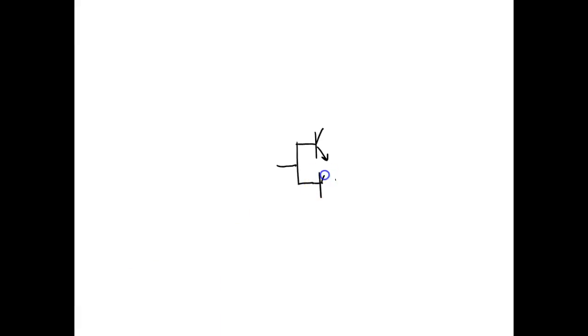On the bottom one, I'm going to use a PNP. I'm going to connect the emitters together. I'm going to connect this to a negative 20 volts, and come up here and connect this to a positive 20 volts. These are emitter followers, right, or common collectors.